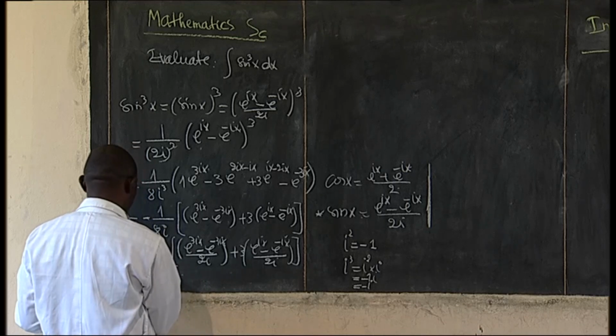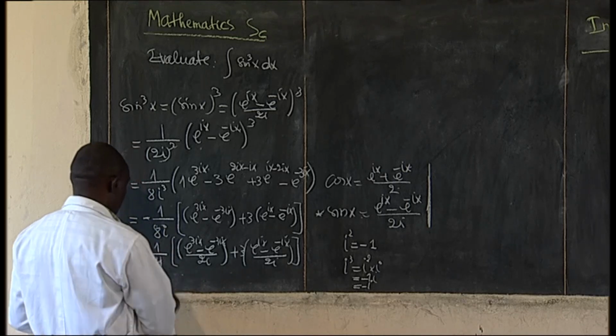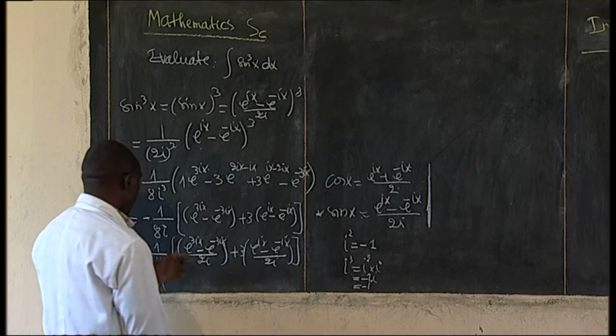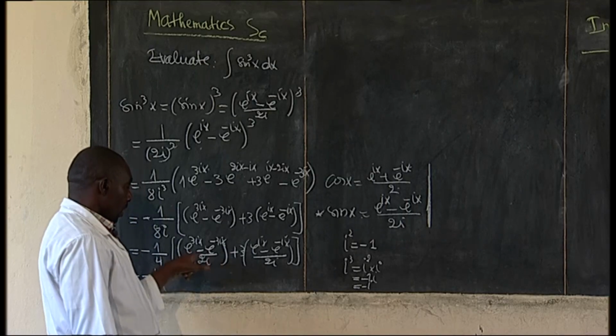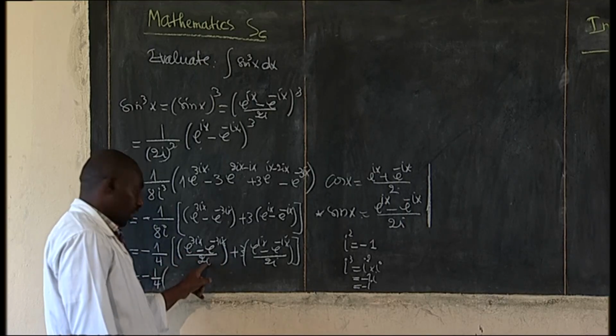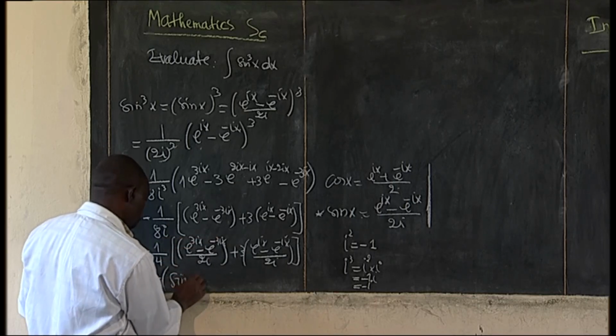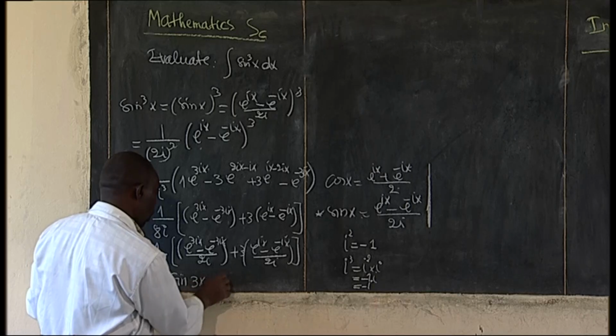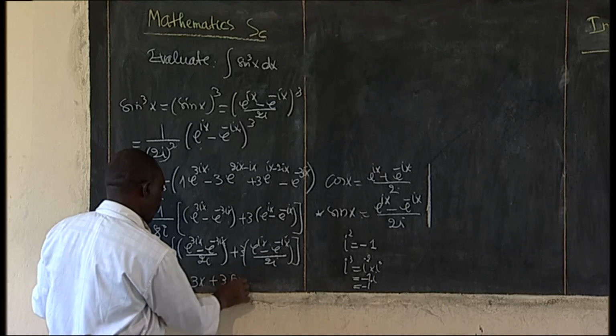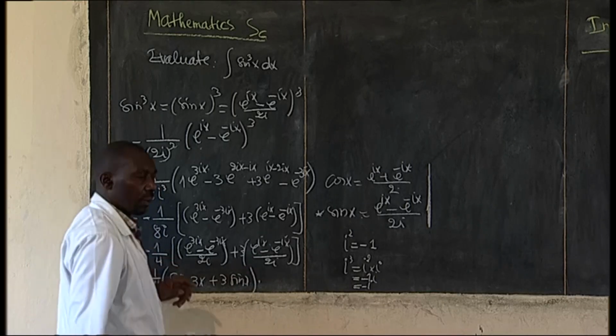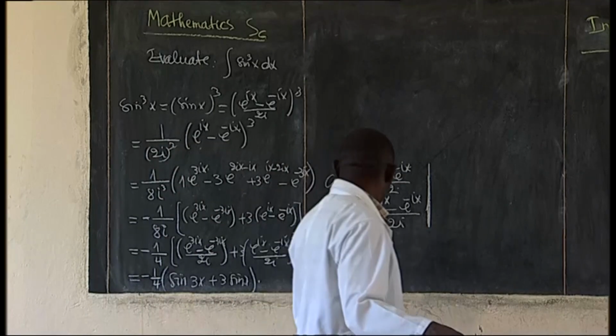And this is negative a quarter. You see this form, minus and 2i, and n is 3, that is sine 3x plus 3 sine x. This is very clear.